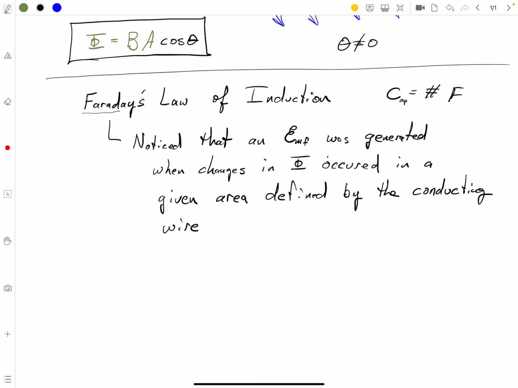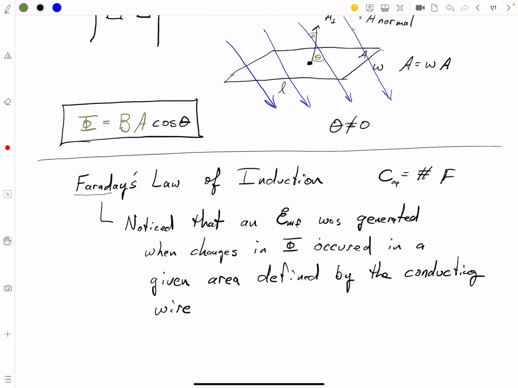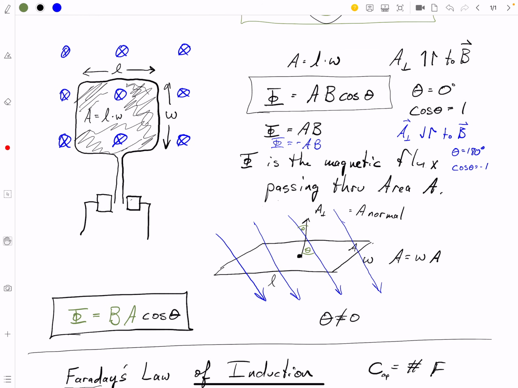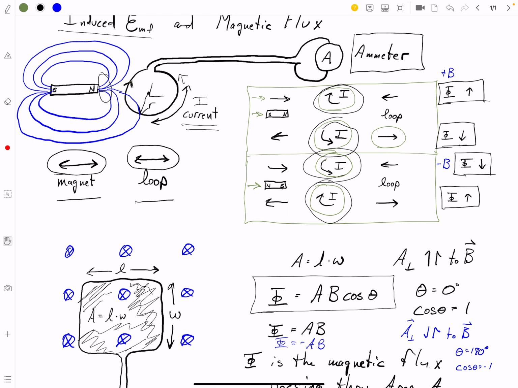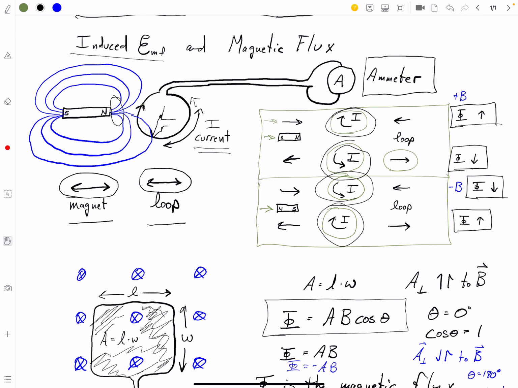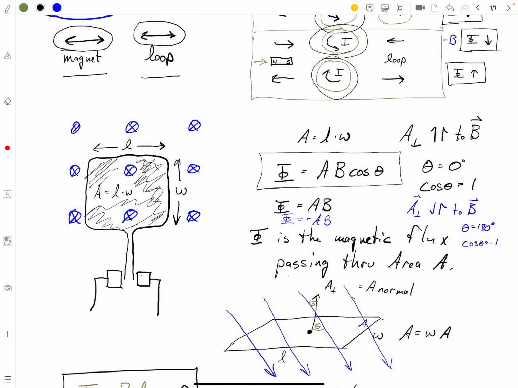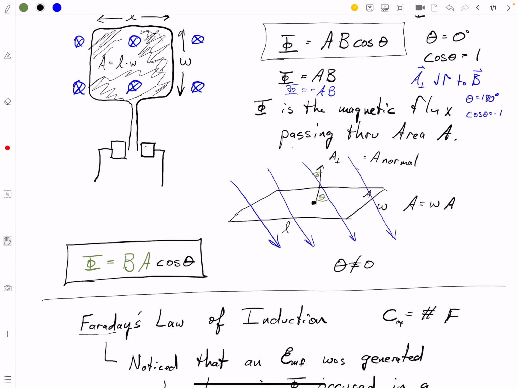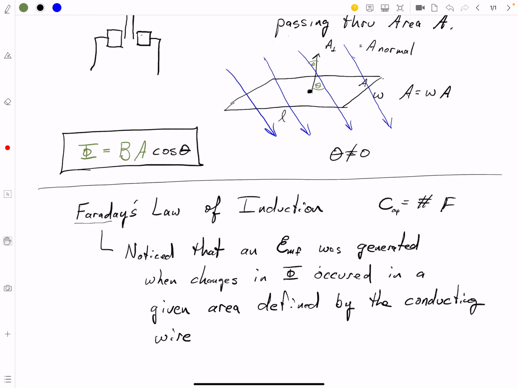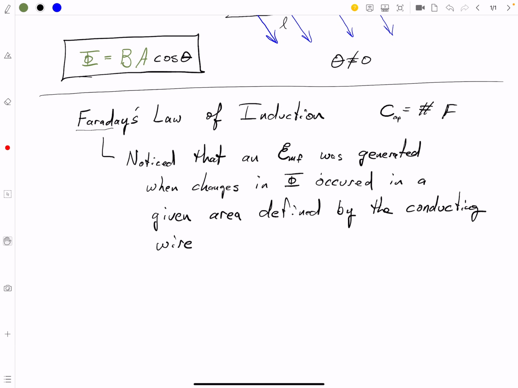So all I'm saying is the first person to do this type of stuff was Faraday. Okay, so Faraday did essentially this type of experiment, and he noticed the induction that happened.